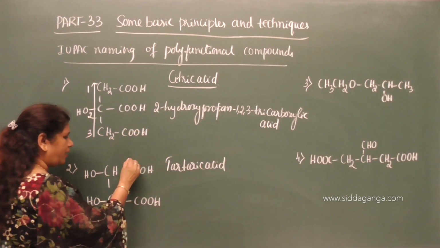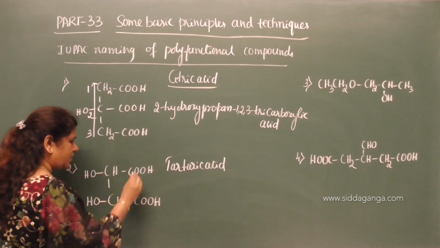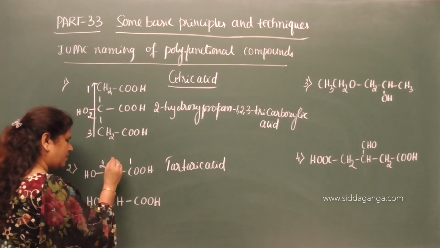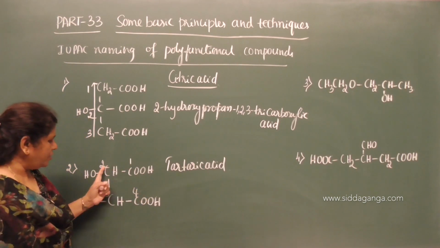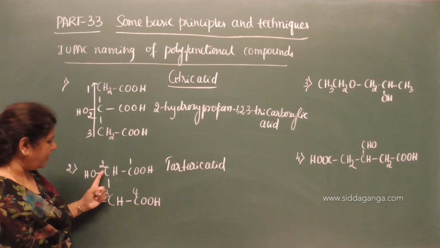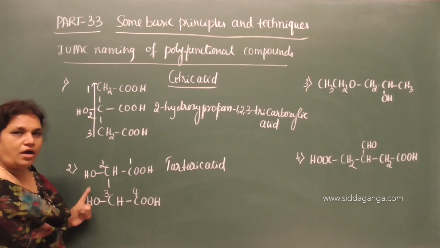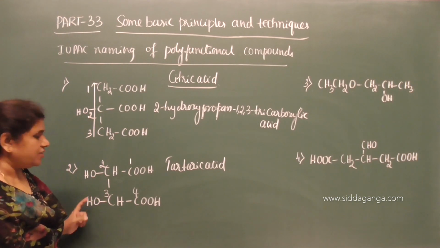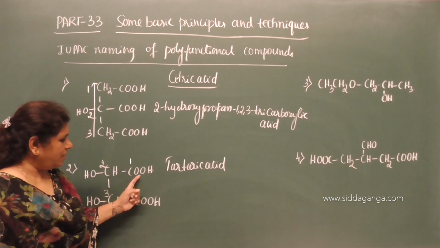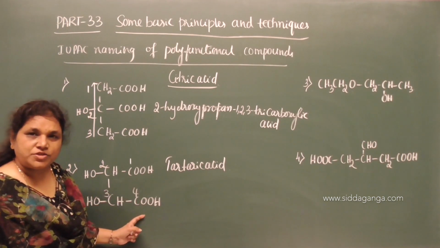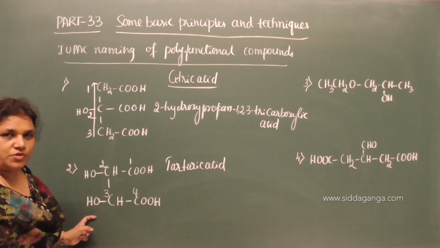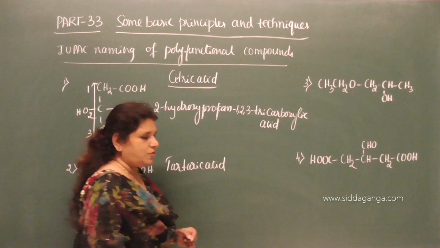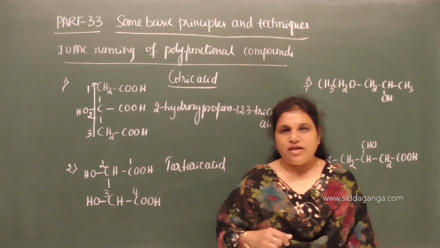And what is the IUPAC name? Select this carbon chain, you will get 4 carbon atoms including the carbon atom of the functional group: 1, 2, 3, 4. On the second and third carbon there is an alcohol functional group. According to the priority, we have to give the priority to the COOH group, and we have to treat the OH group as a substituent. So when we treat the OH group as a substituent, we have to take the prefix.